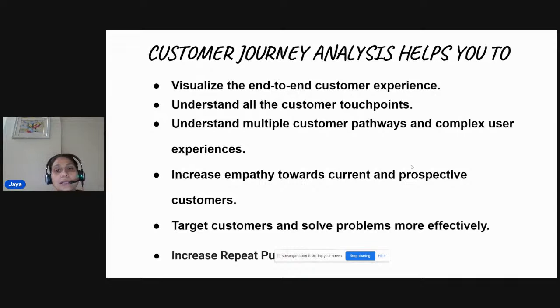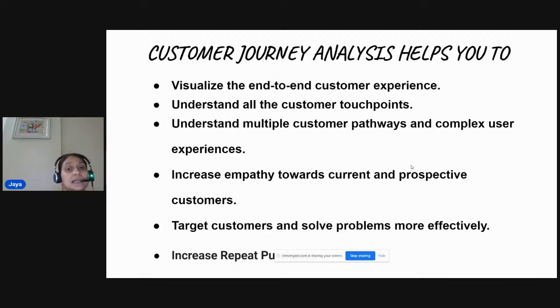Now, how should we do a customer analysis? How does it help the business? In my point of view, when the customer has purchased the product or brand of your company, there is the customer experience, and when the customer requires some improvement or has some suggestion for the product of your brand or company, you can visualize those experiences and touch points, what the customer really wants from your product or brand.